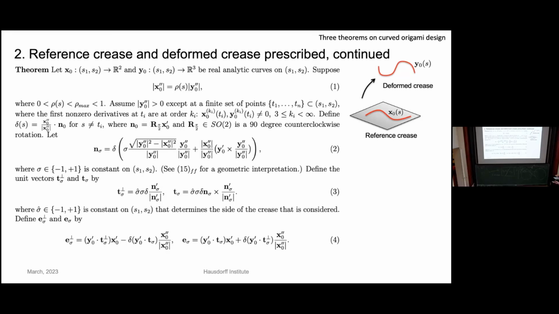This delta plays an important role. There's also some plus or minuses that come up. You can define the tangents to the rulings in the deformed configuration. This is the tangent to the ruling in the deformed configuration, this is perpendicular to it. This is the tangent to the ruling in the reference domain, this is perpendicular to it.